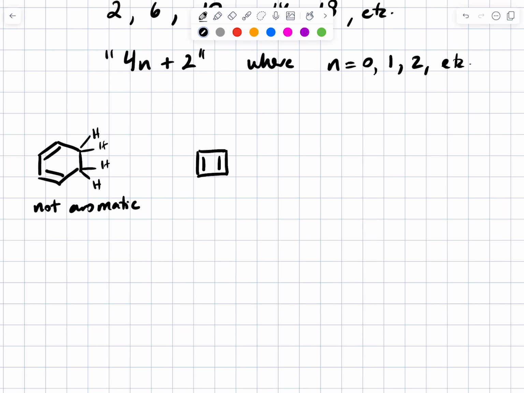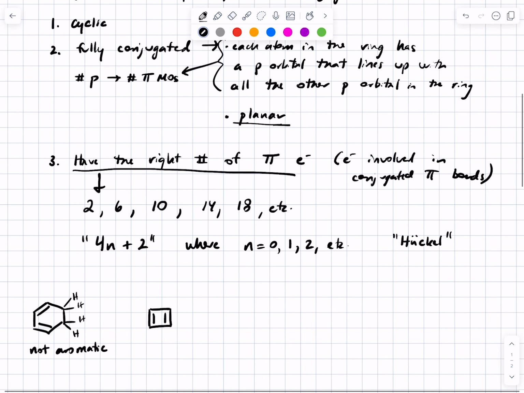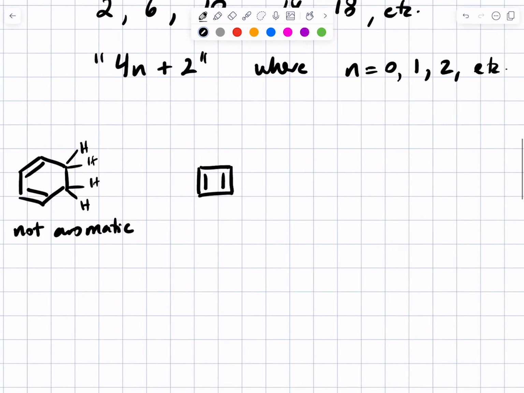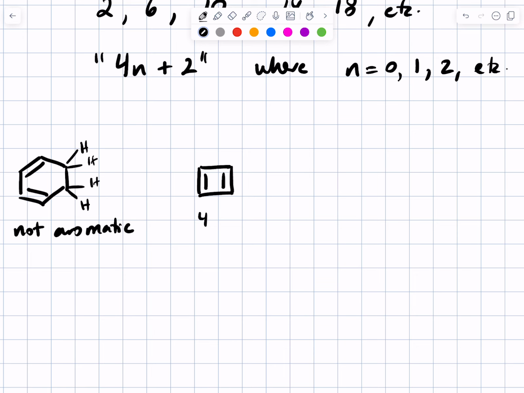Cyclobutadiene. It is cyclic, it's fully conjugated, but it's got 4 pi electrons instead of 2 or 6. So this breaks the Hückel rule.